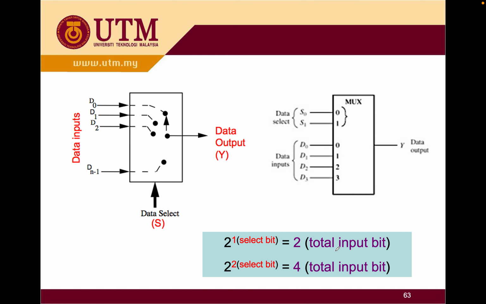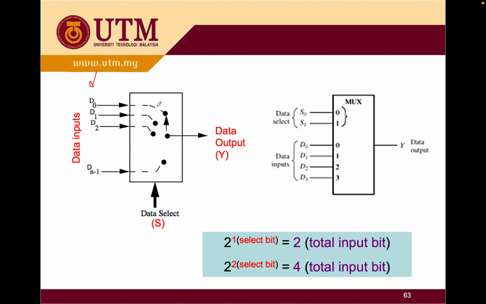Here is the flow, basically how your data is going to fit into your MUX. You have an example of the data inputs there and data out, one only. You're going to select which one of the data fed in will be output.